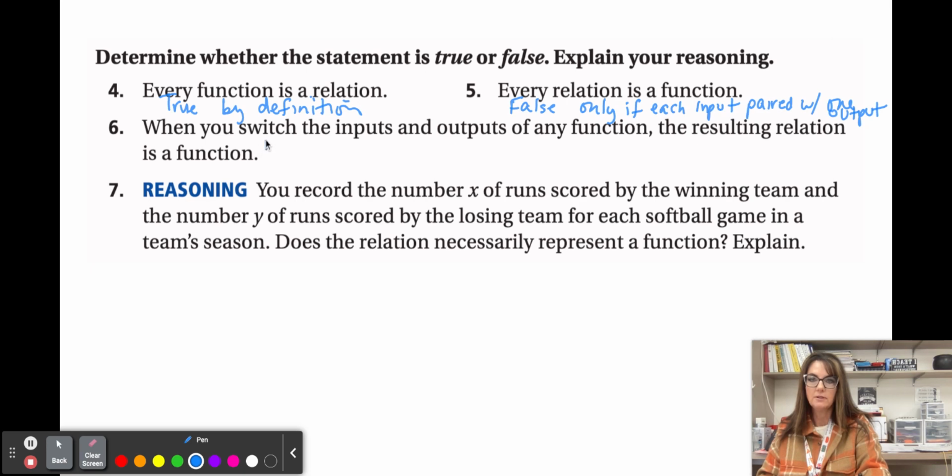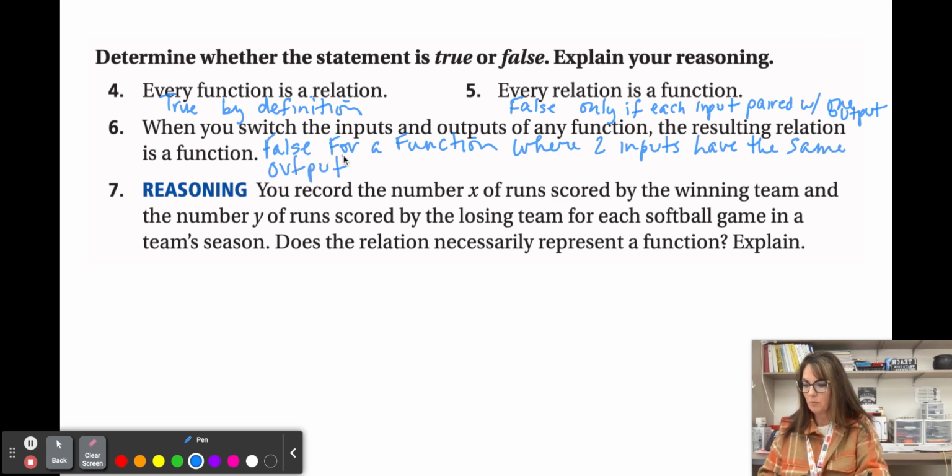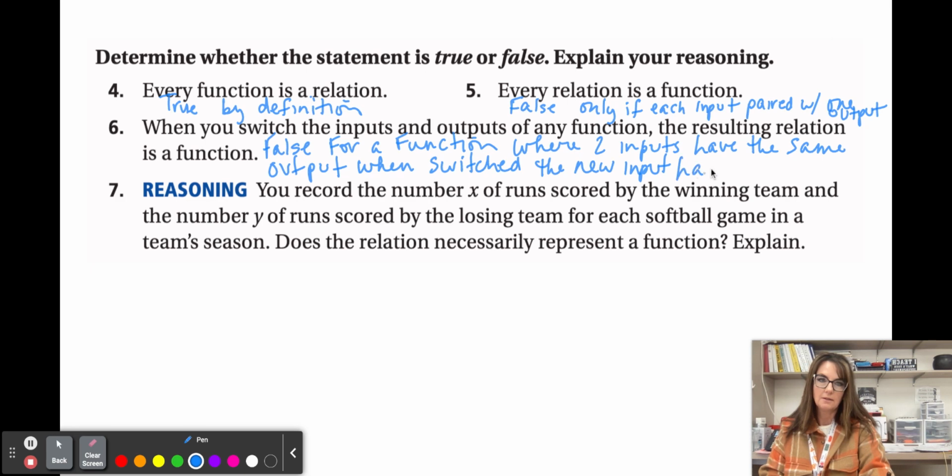So this is false because for a function where 2 inputs have the same output, when switched, the new input has 2 different outputs. I know it's a lot of words with a lot of meaning.